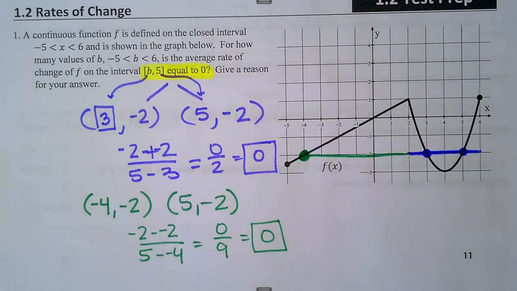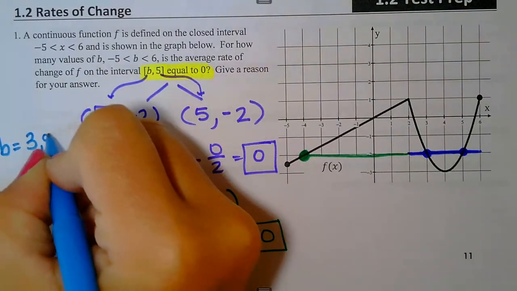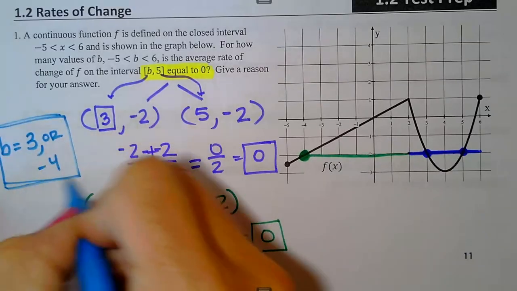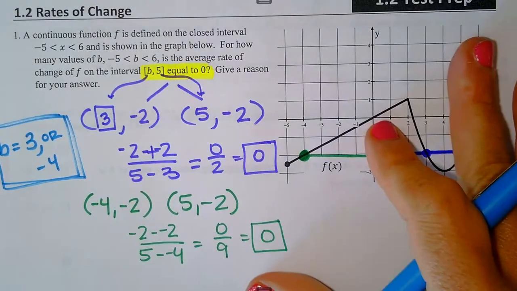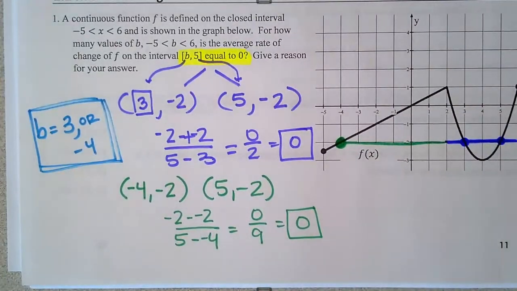Great question: your final answer would be B can be 3 or negative 4. But when it says give a reason, this would be your reason. You just showed all your work. Okay.